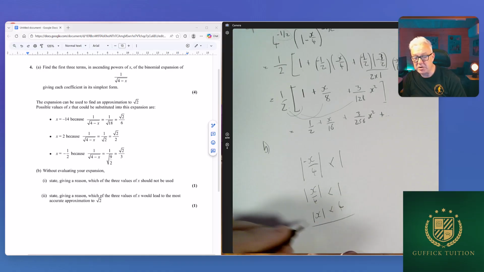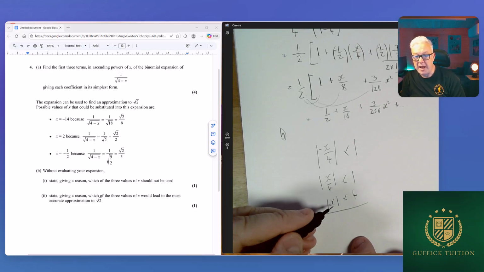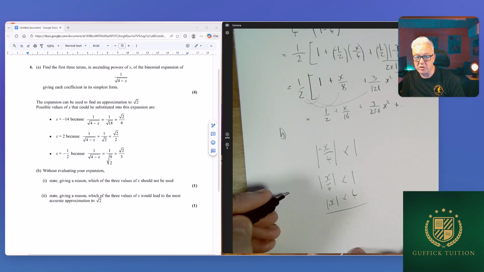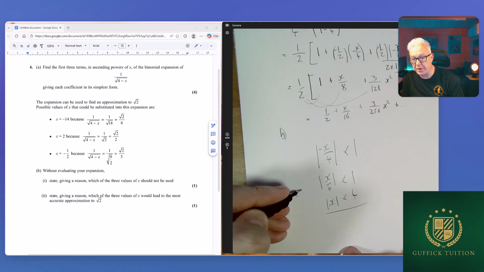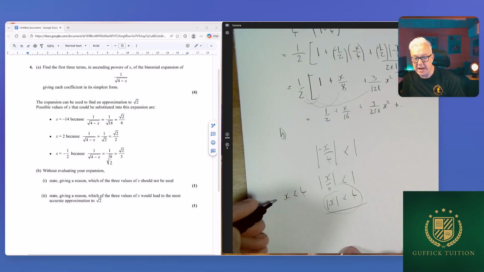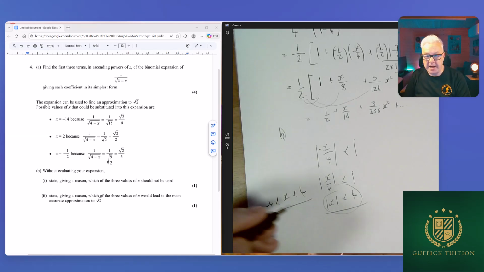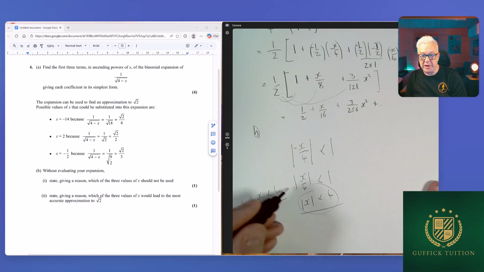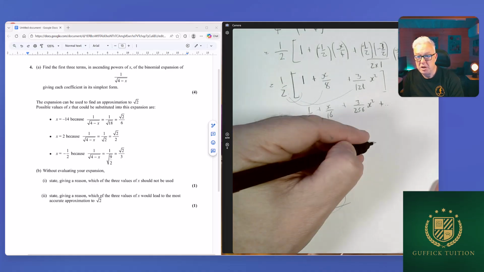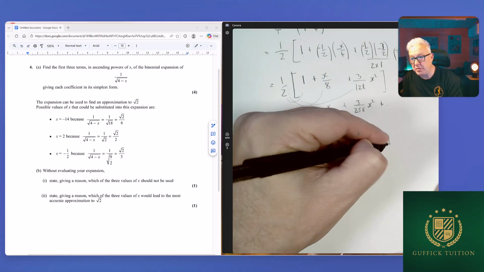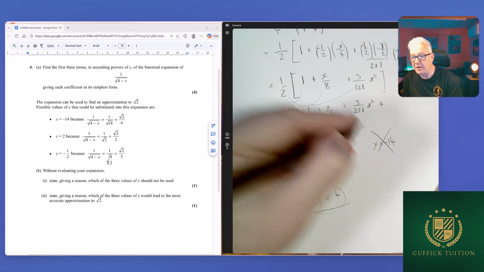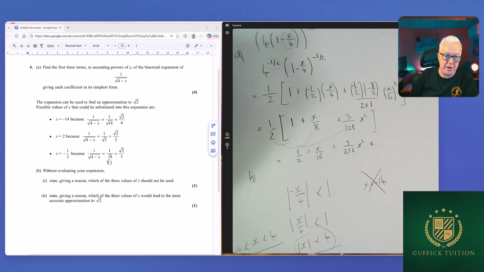So this expansion is actually valid for x is less than 4 but greater than minus 4. And we can see that when x is equal to minus 14, it's completely outside of this range. So x equal to minus 14 is the value that under any circumstances we should not be using.